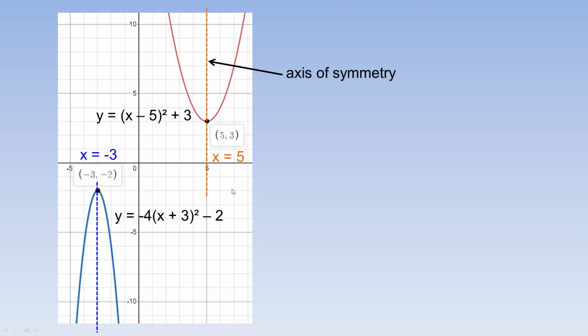And it's always x equals whatever the x-coordinate. So if you think of the vertex form, it's x equals the h number. Because h would be 5 here, h should be negative 3 here. Okay, and a common abbreviation for axis of symmetry is a capital A, a lowercase o, and a capital S. So if you see that, it represents axis of symmetry.